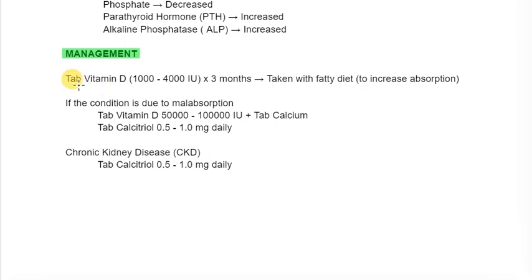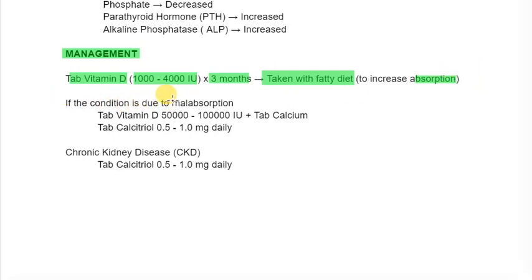Now how will we manage vitamin D deficiency in adults with osteomalacia? First and foremost, we'll administer vitamin D tablets, 1000 to 4000 international units for 3 months, which should be taken with a fatty diet to increase absorption.